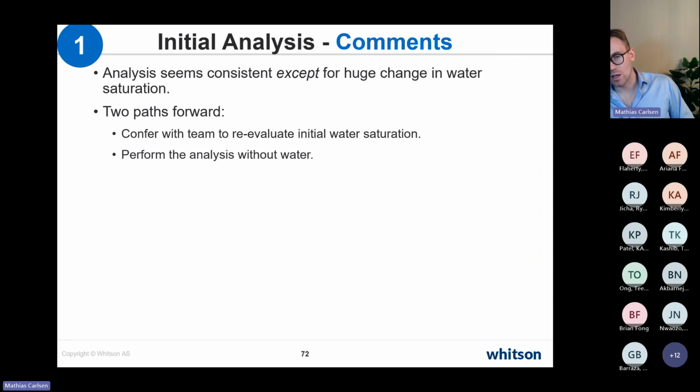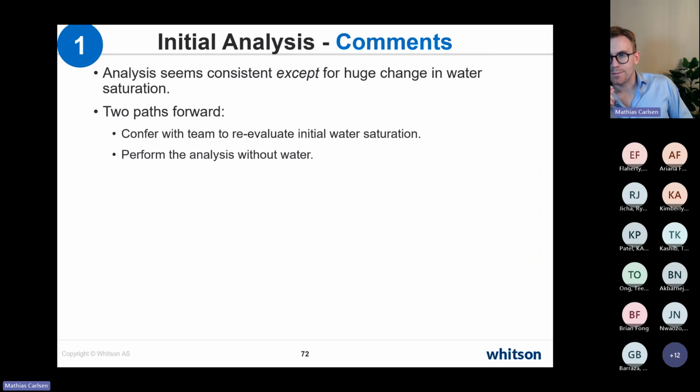So in this case, they ended up actually doing both. They checked with the petrophysicist, and they came back and actually realized that they fracked layers that had a higher water saturation than they thought initially. The target formation maybe had 30% water saturation, but they were targeting a lot of other things as well.